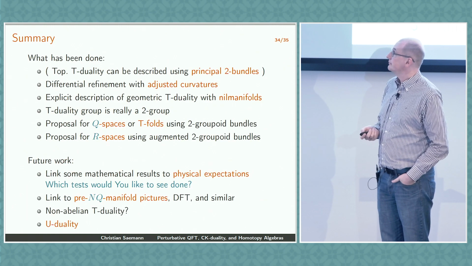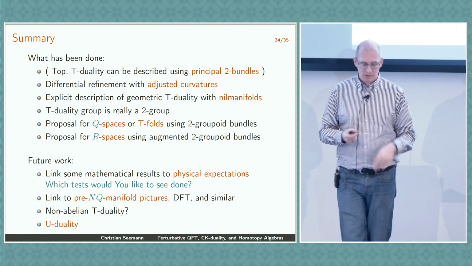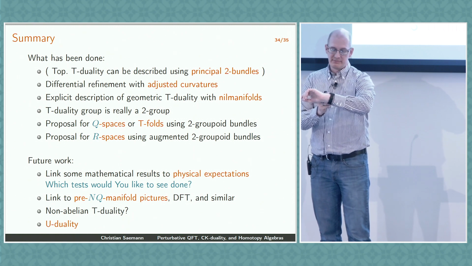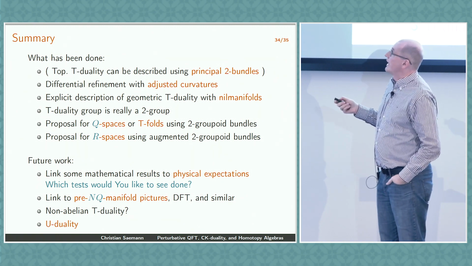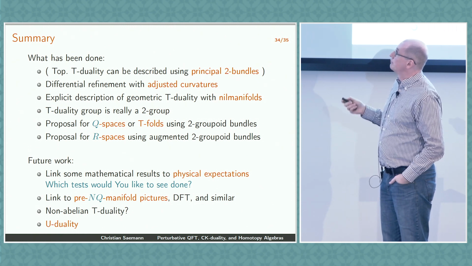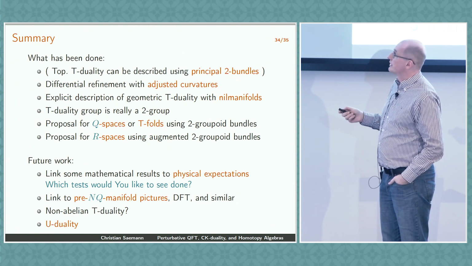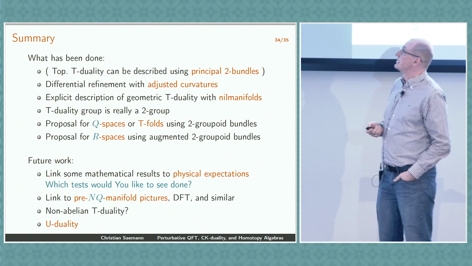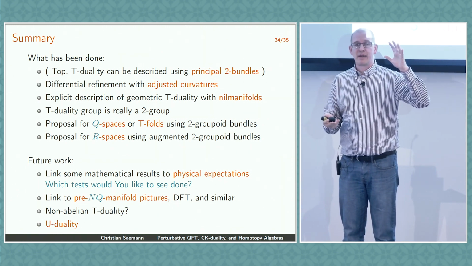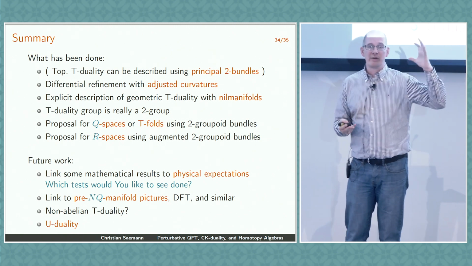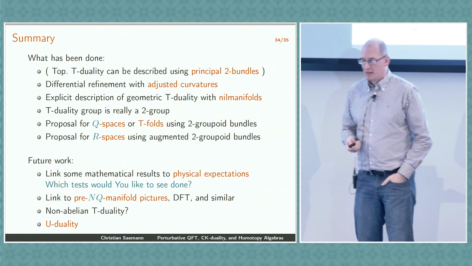Okay, so let me quickly summarize, because I'm between you and lunch, essentially. Previously Nikolaus and Waldorf told us that topological T-duality can be described using principal 2-bundles, combining the torus bundle of the background and the gerbe into one big principal 2-bundle.